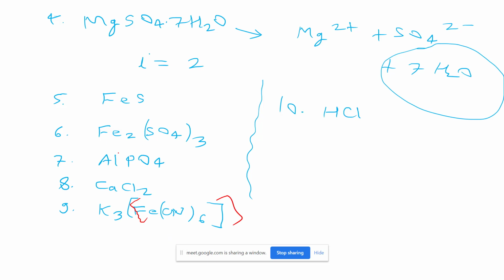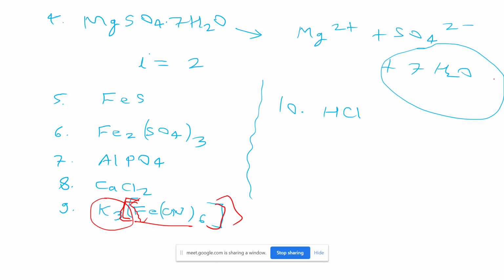So it is 4: one complex ion and 3 potassium ions. The outer ions are ionized and dissociated, and this coordination sphere will remain as it is.